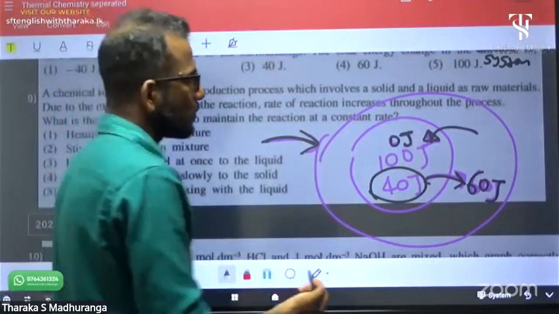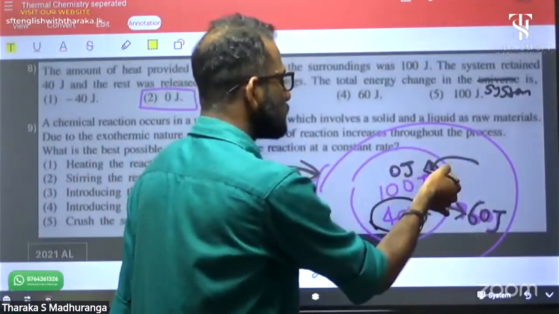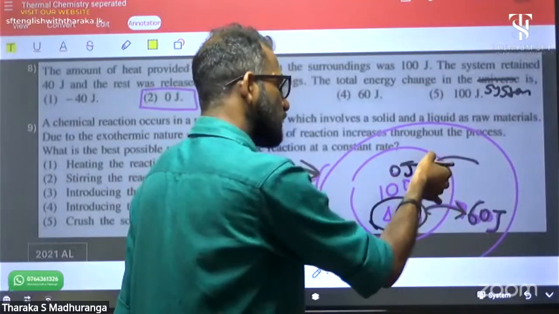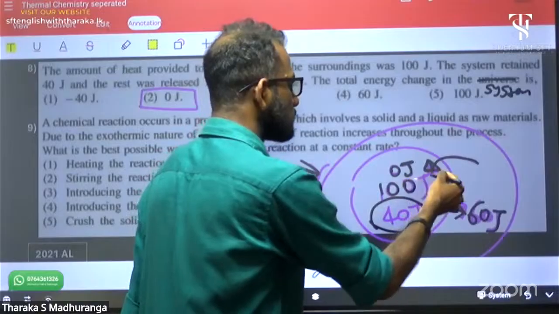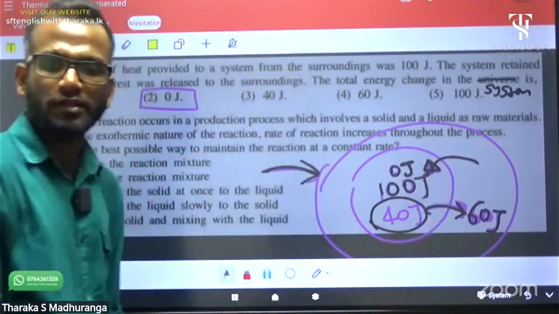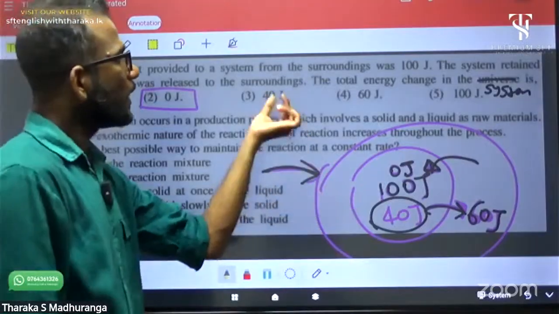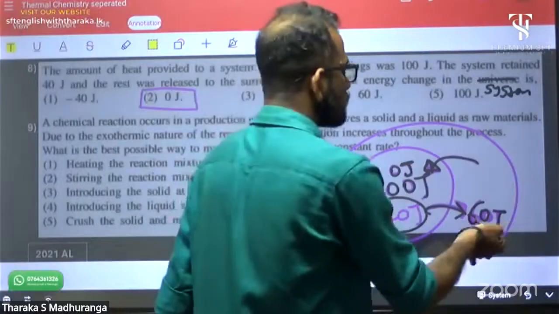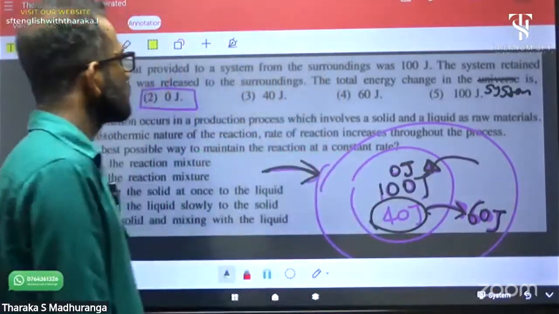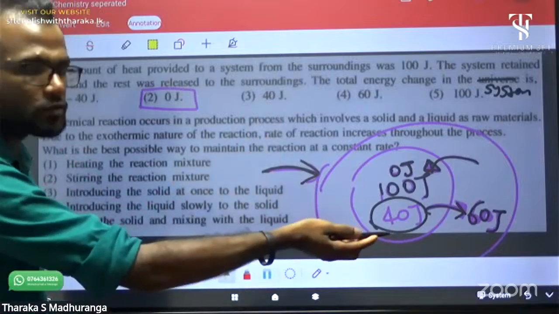Right? Now the system absorbs 100 joules from the surrounding, then the energy of the system is increased up to 100 joules. Right? Absorb and increase energy up to 100 joules. And the system retained 40 joules and 60 joules released to the environment. The rest was released to the surrounding, meaning 60 released to the surrounding.